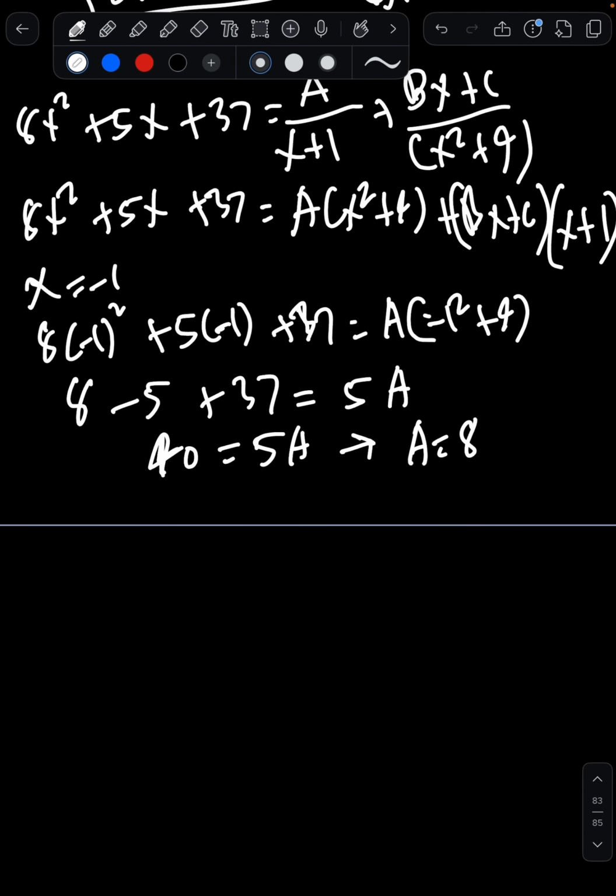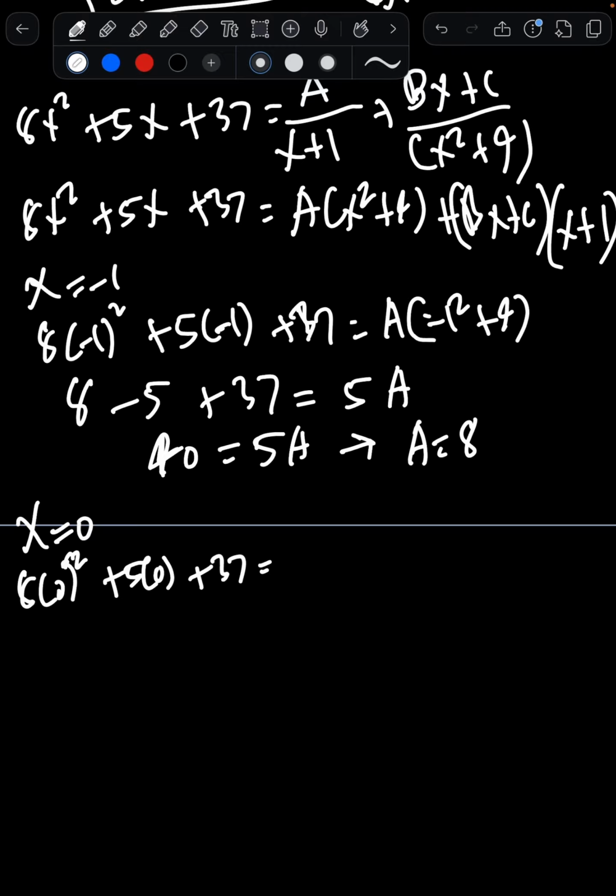Now, knowing that we have A, we need to get either B or C. If we let x equal 0, B will cancel out completely, but C will be able to stay. So that's what we're going to do. Let x equal 0: 8 times 0 squared plus 5 times 0 plus 37 equals 8, because we found A, times 0 squared plus 4, plus B times 0 plus C times 0 plus 1.